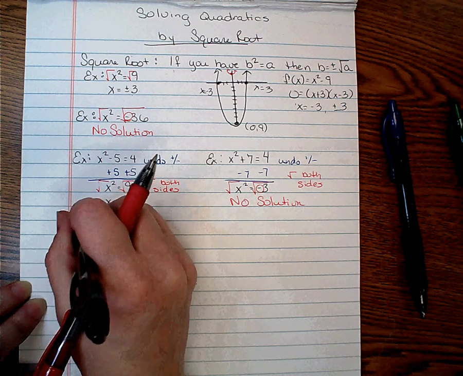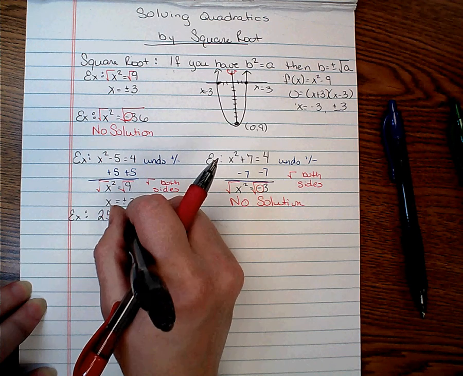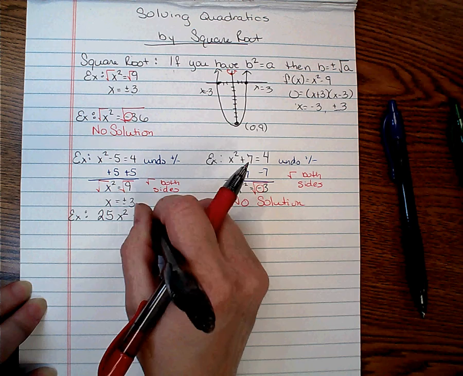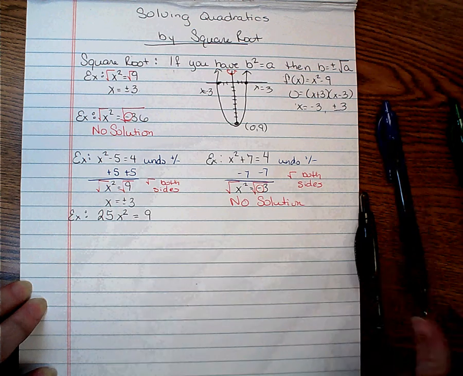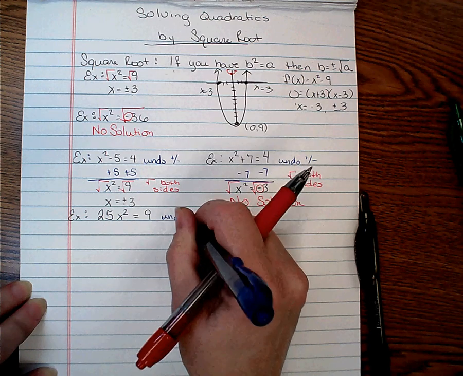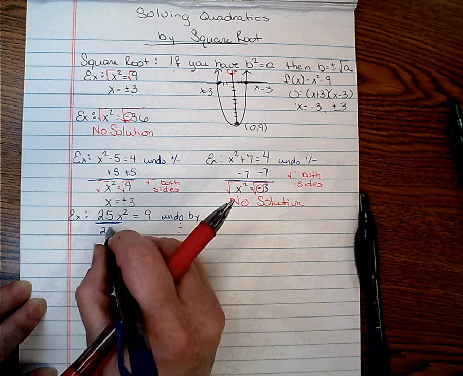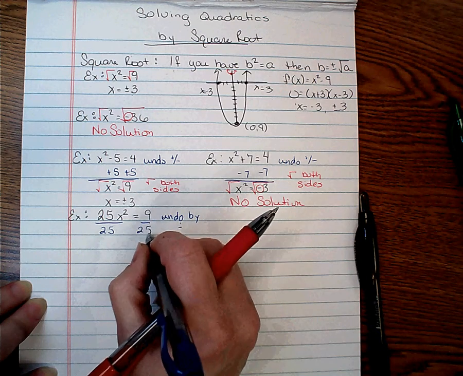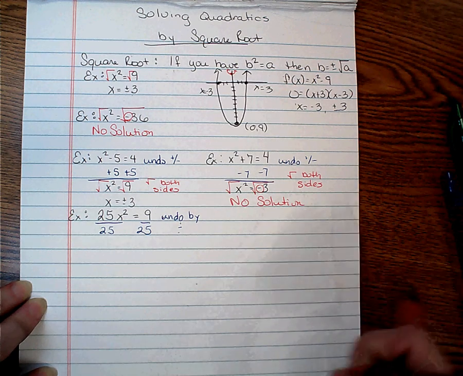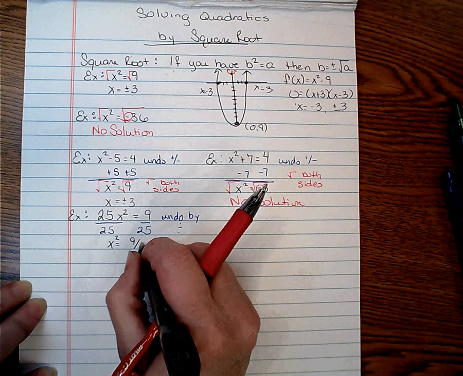Okay? Now we can take this one step further because these are undoing addition and subtraction. Let's do one where we have to undo multiplication. So 25x squared equals 9. This is going to leave me with undoing by division. So I'm going to divide by 25. And this leaves me with x squared equals 9 over 25.